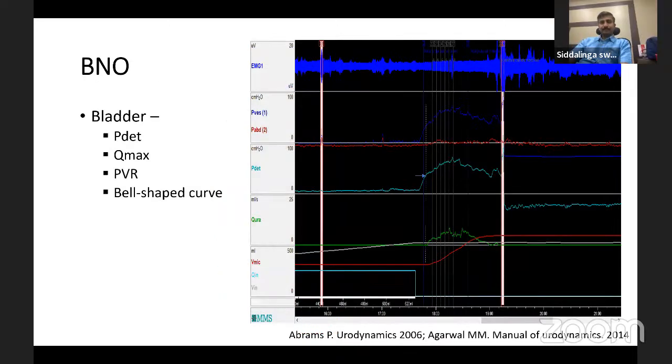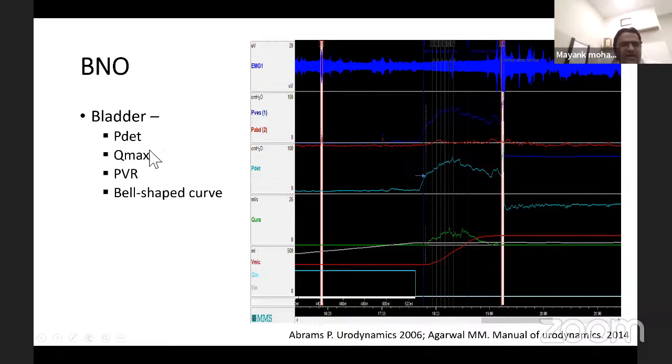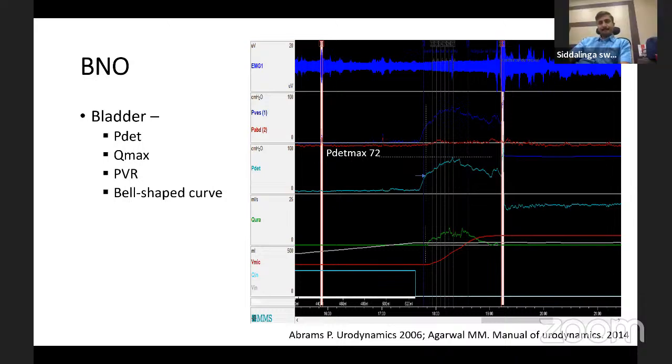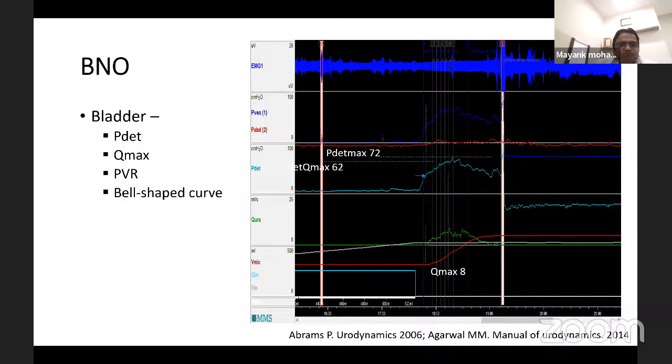All right. So what you will see is a high P detrusor. You will see a low flow rate. You will see a bell-shaped detrusor curve. I will come to the importance of the bell shape. The shape of the detrusor curve is important in understanding the pathology of the obstruction. And you will also see how much urine is left inside. It is called voiding efficiency.